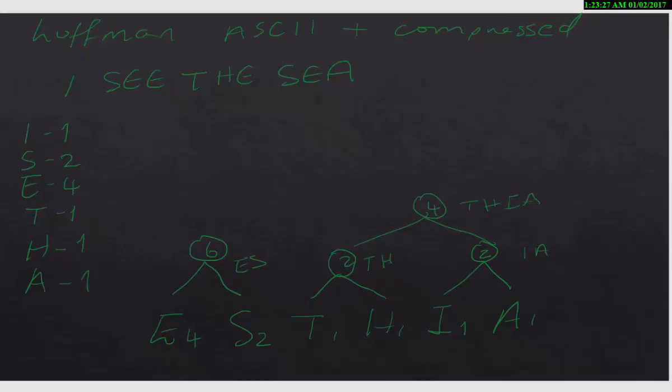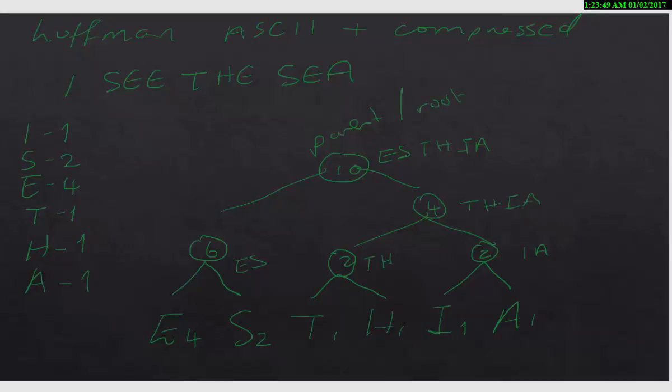So what we need to do now is join these together to get our final 10, which will give us access to ES, TH, I, A, all of these letters. So this is the parent, or the root node of the tree.